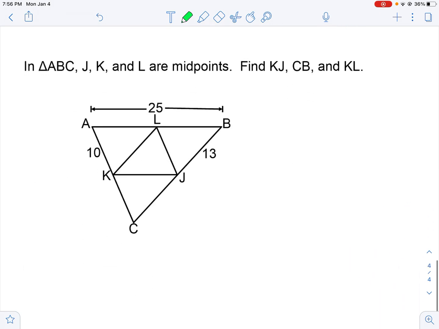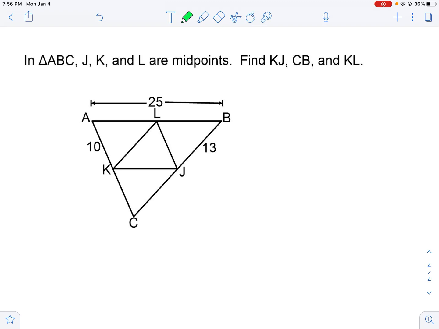Let's put a tiny bit of math behind it. We have triangle ABC. We know that points J, K, and L are midpoints. We want to find KJ, CB, and KL. I'm going to start with KJ first. I need to find the length of KJ. Well, I know it's half the length of its non-intersected side.